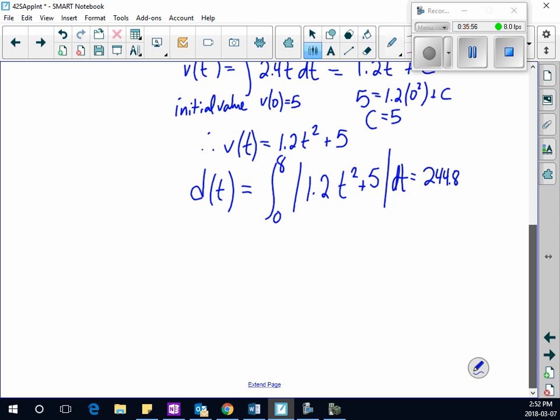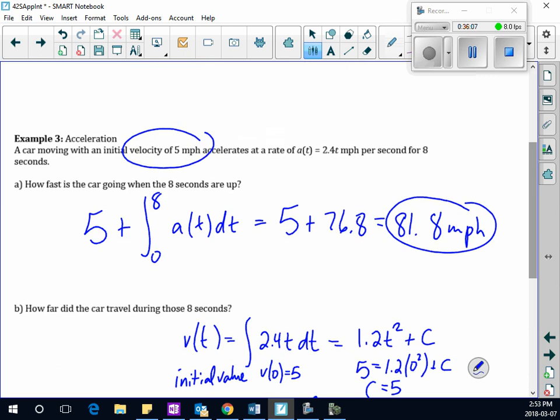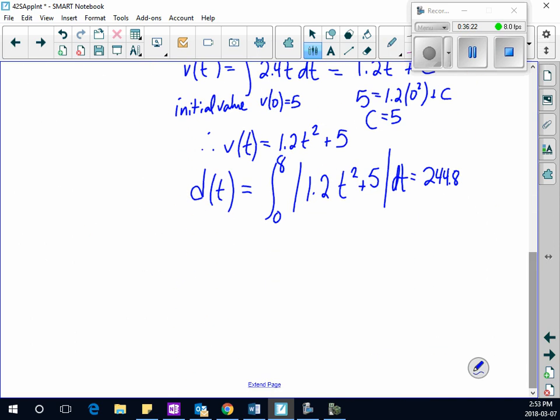Okay, I'm glad you realized that. That's a lot of miles in 8 seconds. So here's what this number represents. Do you see all of this started from miles per hour? So when I started doing all this, and then I put 0 to 8, that was seconds, right? So we got to change.